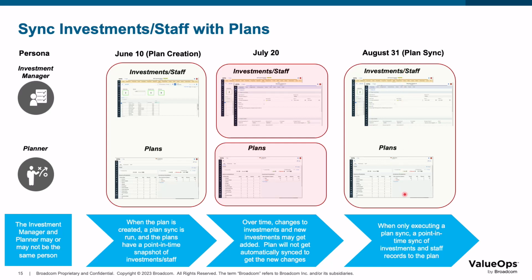But note for a planner, once they reach, let's say, September 1st, they're done with that particular plan. So afterwards, they're not worried about any incremental updating to that plan they just created for the 2024 plan.